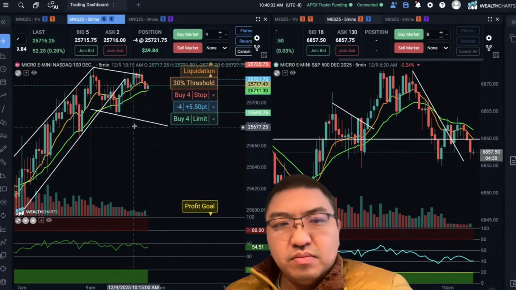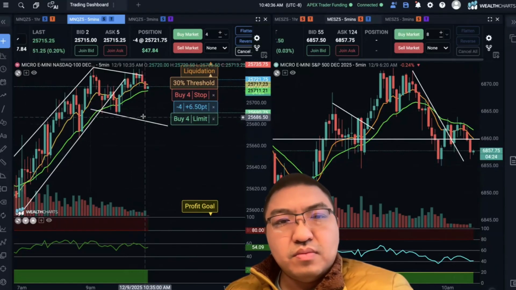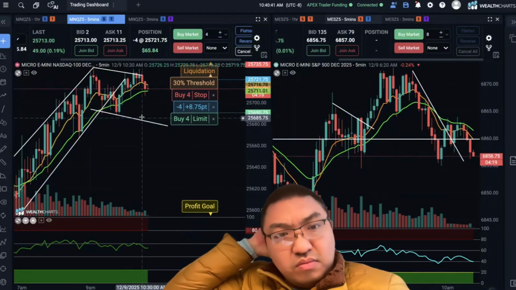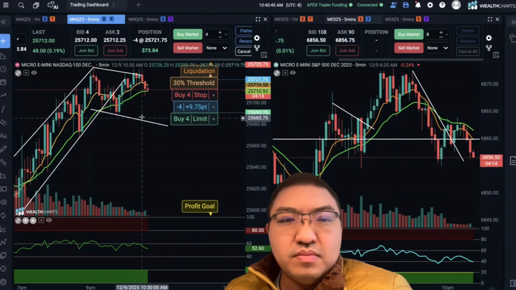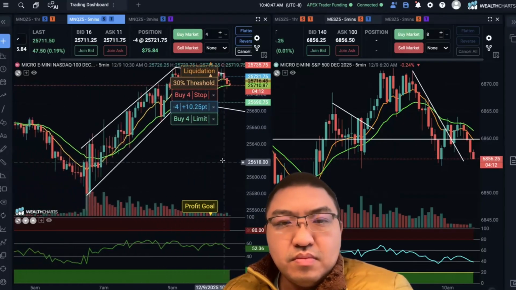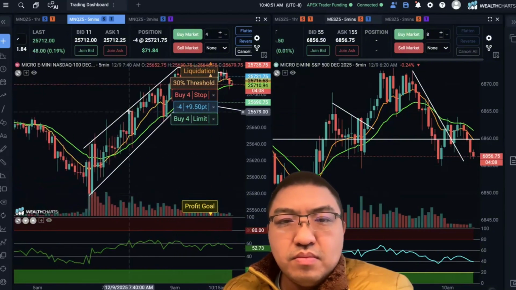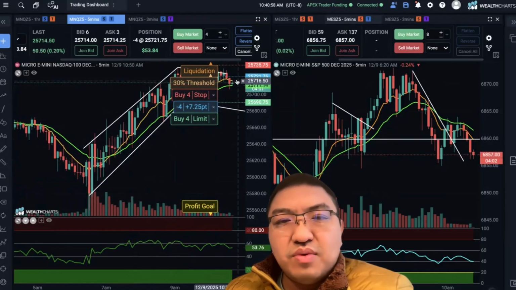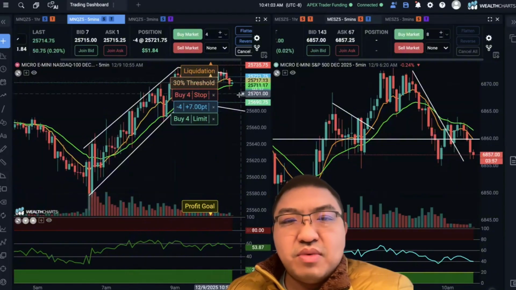Let's wait for this candle to exceed the previous low, then we can move the stop loss to the top of this candle.